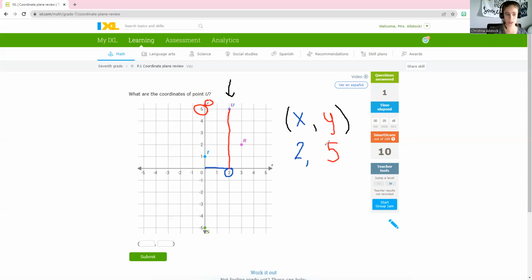You can either count or just look down and take your finger close to your computer screen or the end of a pen or a pencil and find the X value of 2 and the Y value of 5. And these are both positive numbers since we're in our first quadrant, so we can type them in as such.